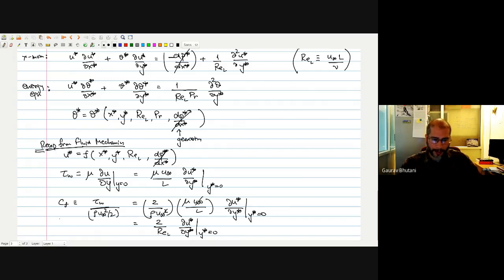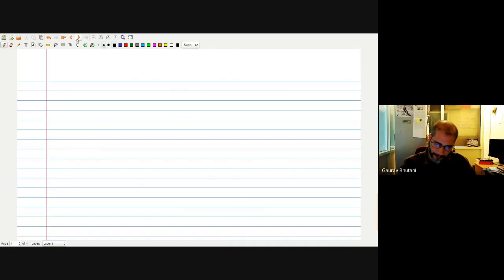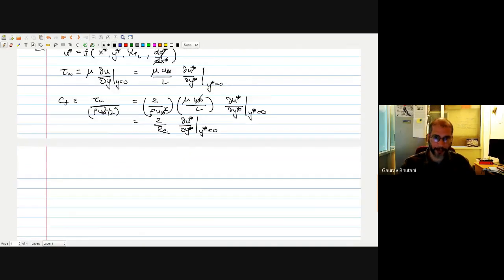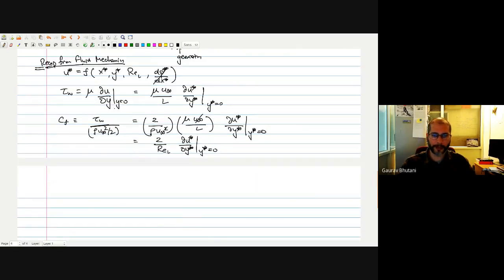Okay, so the aim was always to find the skin friction coefficient, and this is how we found the expression. Of course, remember that we're talking about laminar flows here. The analysis is not valid for turbulent flows because the streamlines do not stay like this.